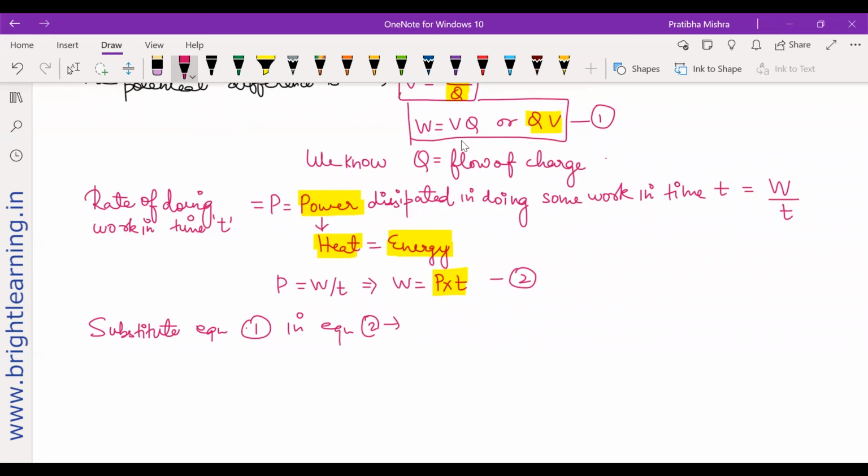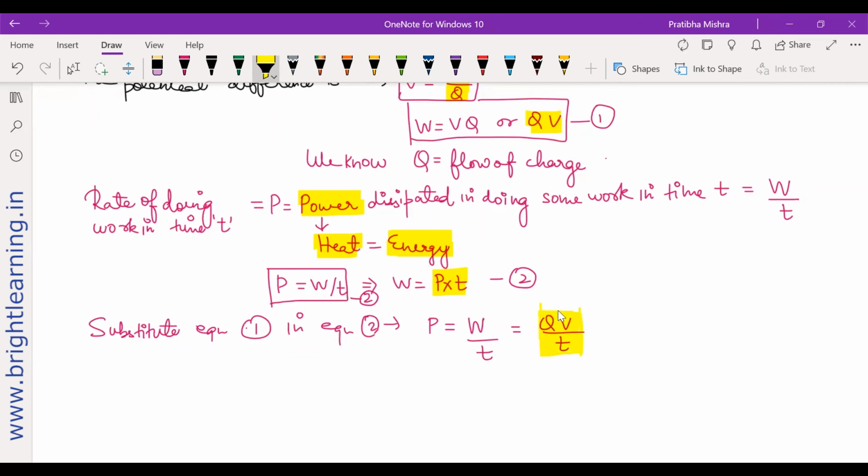VQ, right? So substitute it in this equation. This is your equation 2. So let us write P is equal to W by T. We'll substitute W as VQ or QV. Okay, this much is done. If you have any doubts, do let me know.